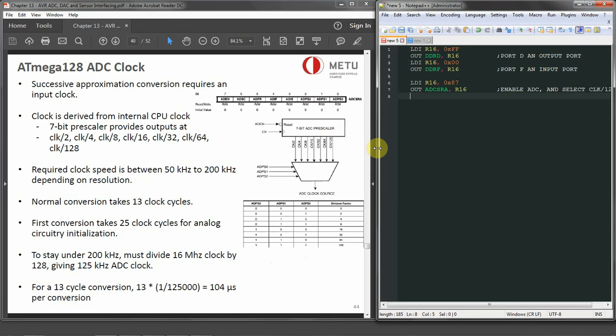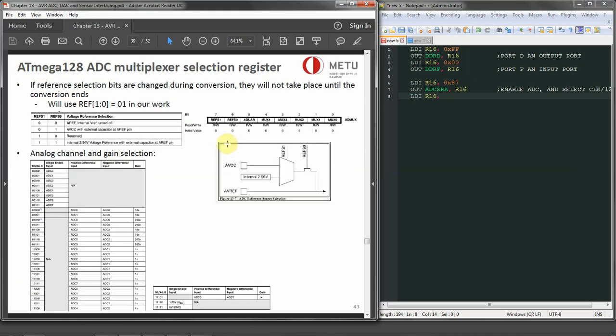So next we need to set the other register, which is ADMUX. So LDI R16, ADMUX, we have to go for this one. So REFS is going to be 2.56 volts for the internal reference voltage, so that's going to be 1 1. ADLAR, as it's going to be 8-bit, let's just keep everything left justified, so we can store the bits into the high byte, and that's going to be 1 as well, so 1 1 1.